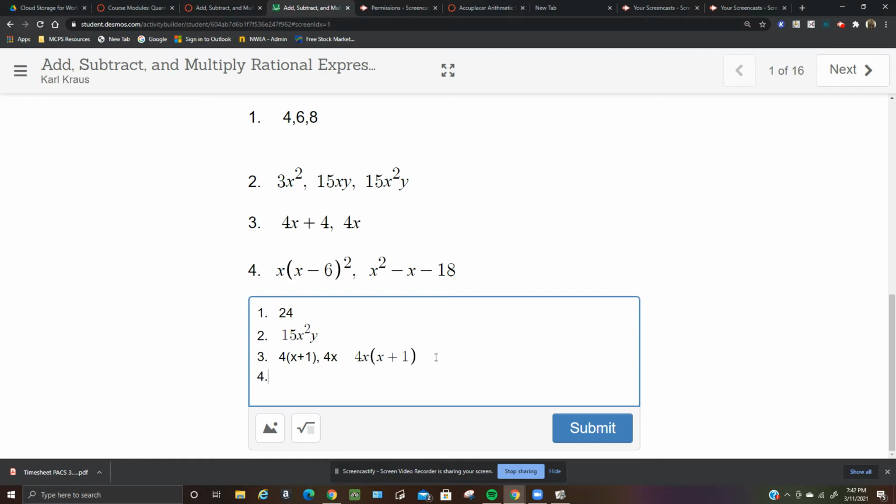And then number 4, this is already in factored form, so you leave that. I'm going to factor everything. This is in factored form already. And then the second expression in factored form would be, let's see, the factors of 18, they give you a -1. It's not factorable.